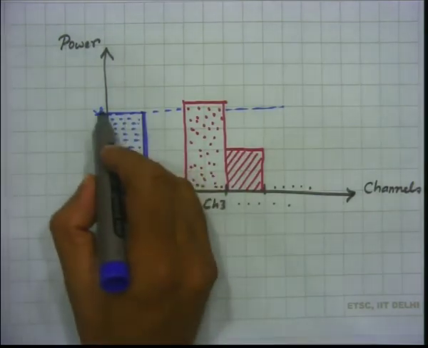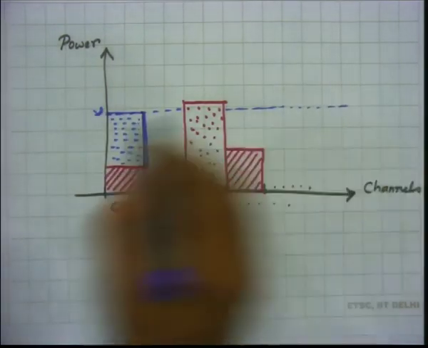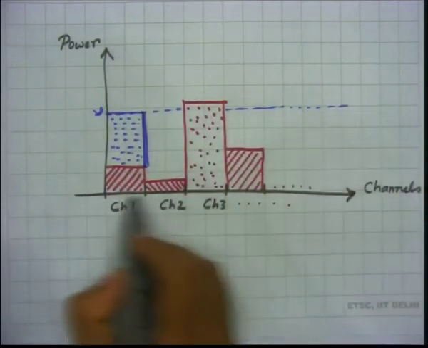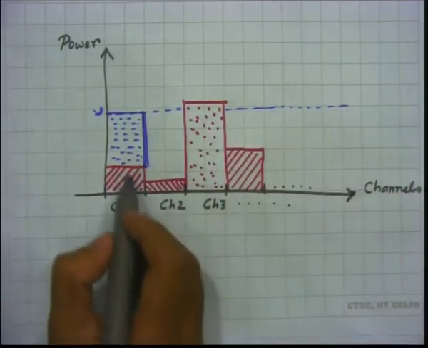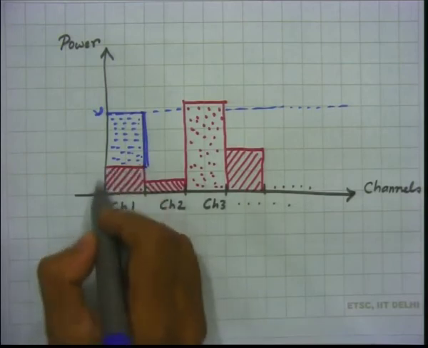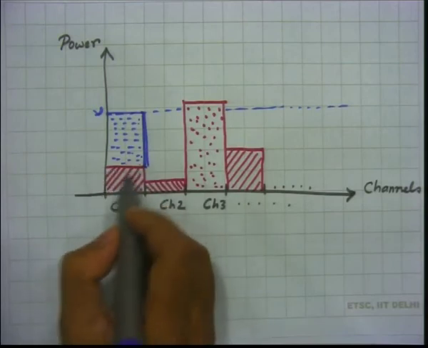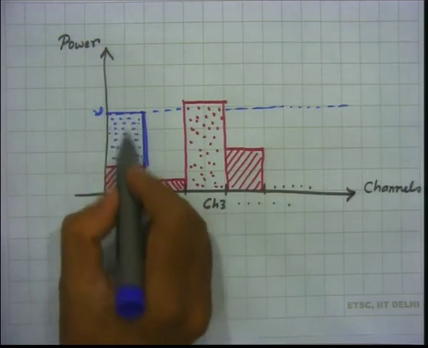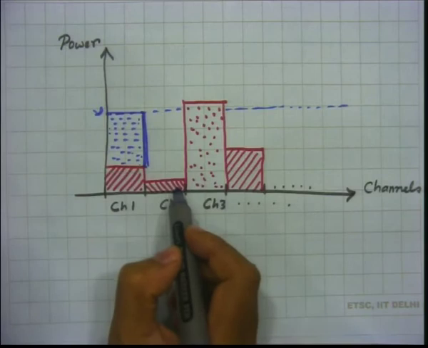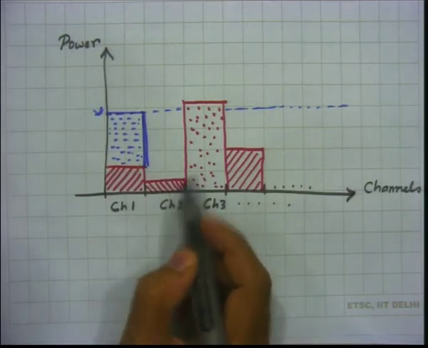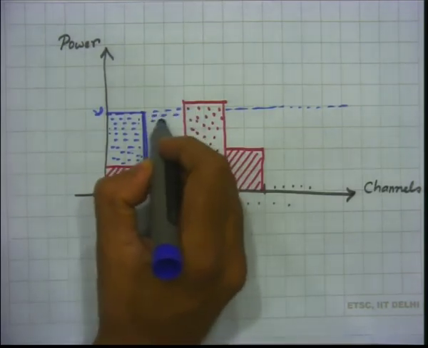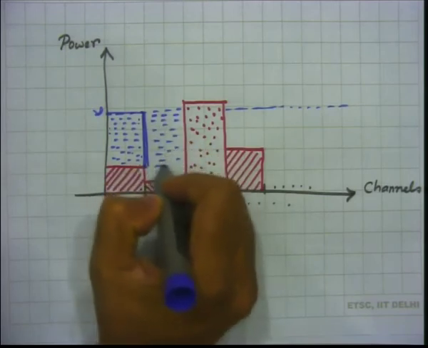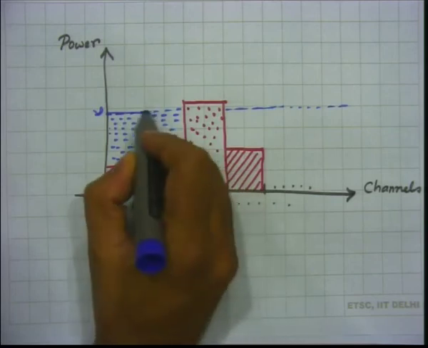It is like I have to set the level of water which is consistent for all channels. Now, since channel 1 had already this much of noise, the amount of power that I will allocate to the channel will be only limited, whereas this is a good channel. So, I will be allocating more power to this channel.